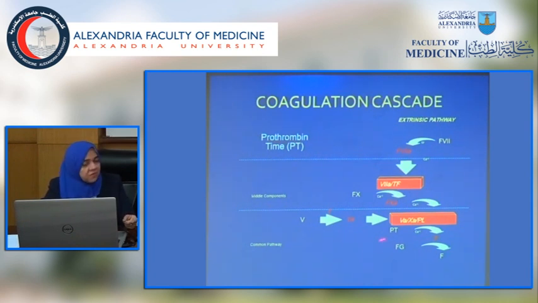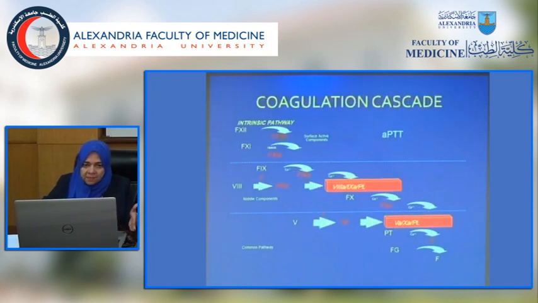Fibrin will be cleaved from fibrinogen through thrombin. So this is the extrinsic pathway. The extrinsic pathway, or the tissue pathway, will work parallel with the intrinsic pathway. But as I told you before, the extrinsic pathway is to generate a burst of thrombin very rapidly into the circulation.